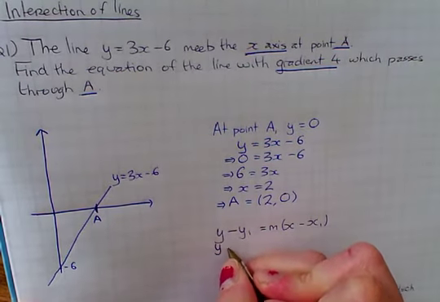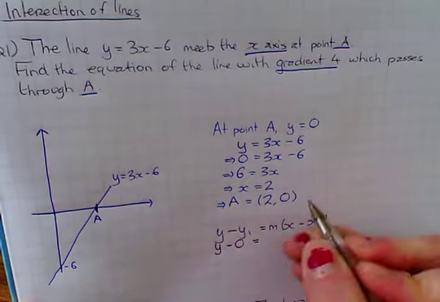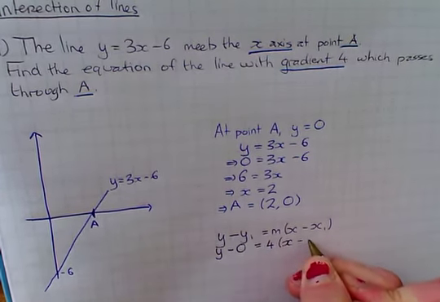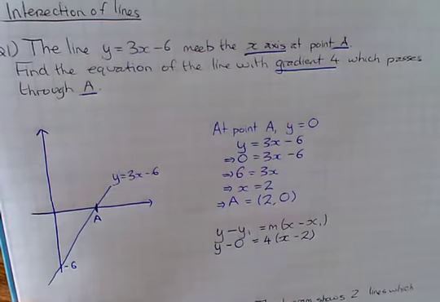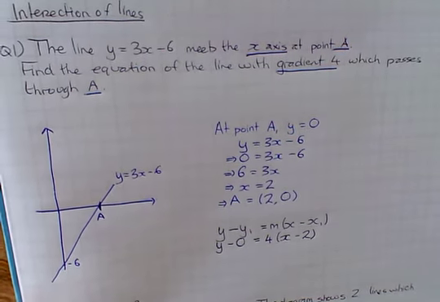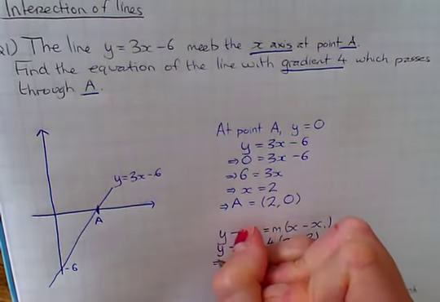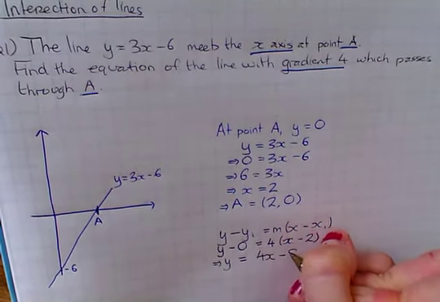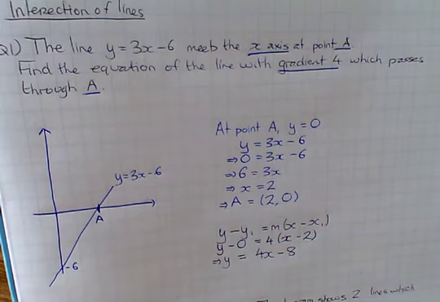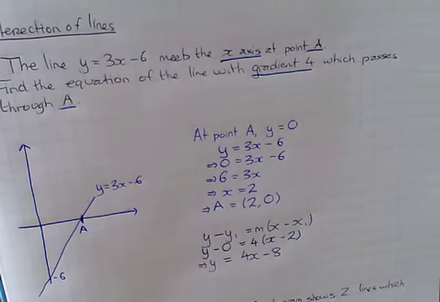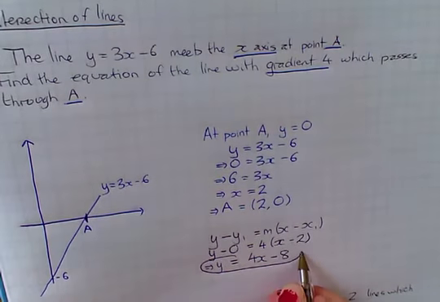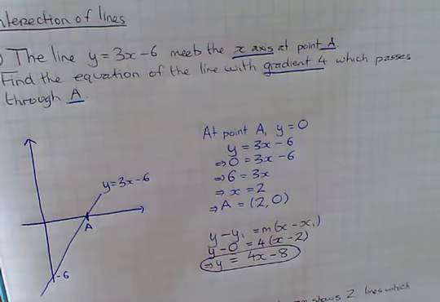So we have got y minus 0 is equal to, the gradient I'm given is 4, times x minus 2. And now here I can just expand, so I would end up with y is equal to 4x minus 8. And that would be the end of that question there. I have found the equation of the line, and I can leave it like so.